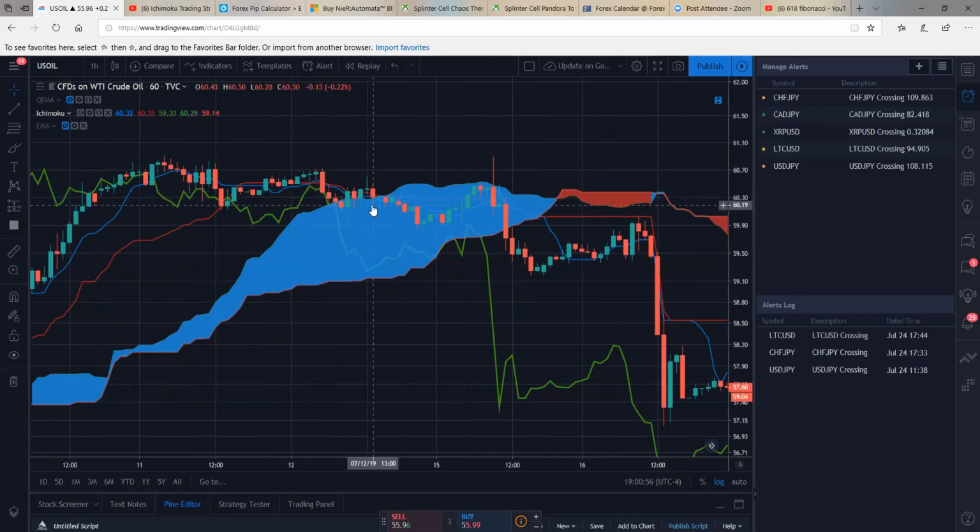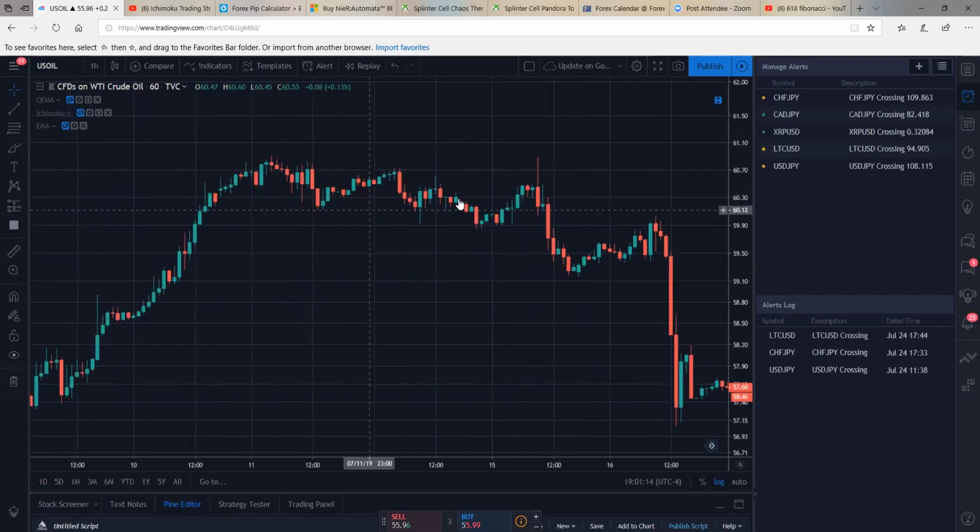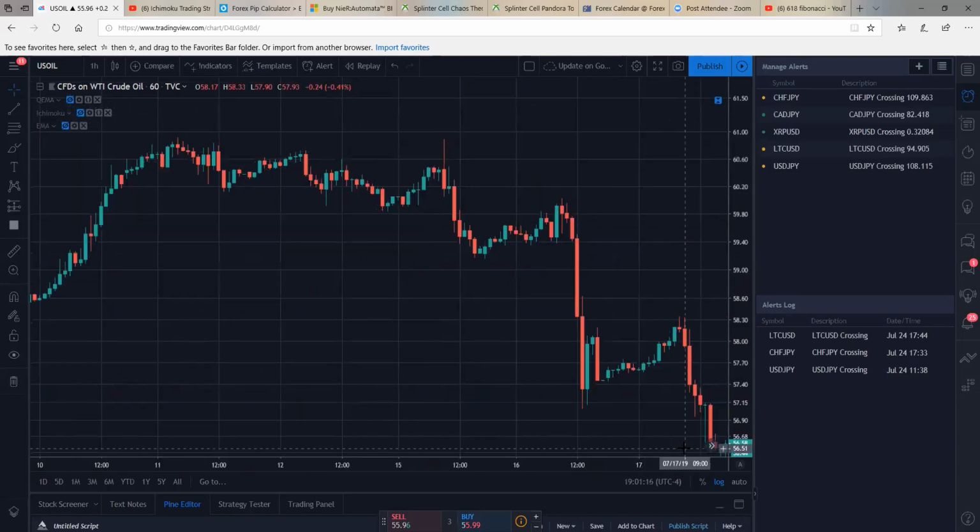Anybody can access this after I publish it. To set up your TradingView, let me know where you are at on your TradingView. I'm trying to see if I'm in it, but it says I was locked out.